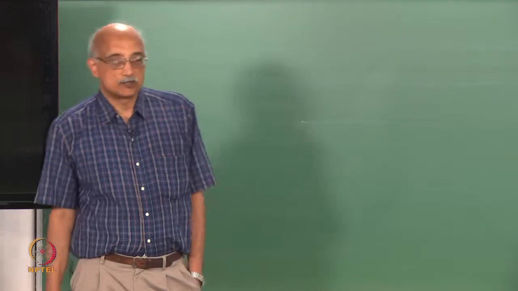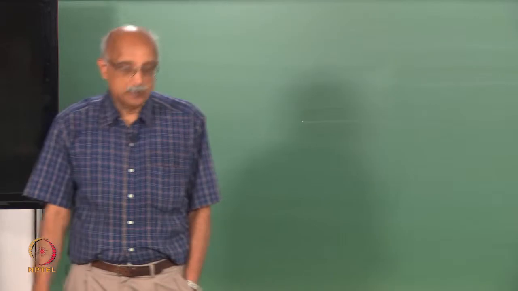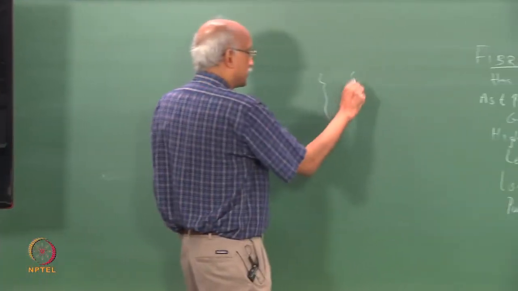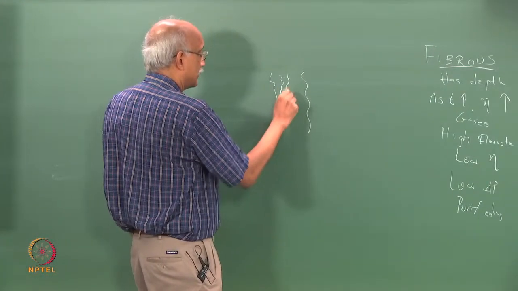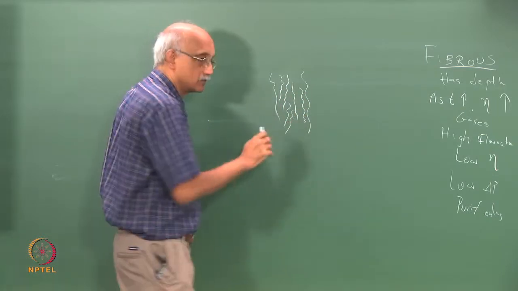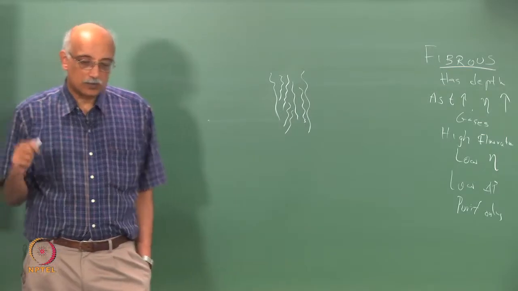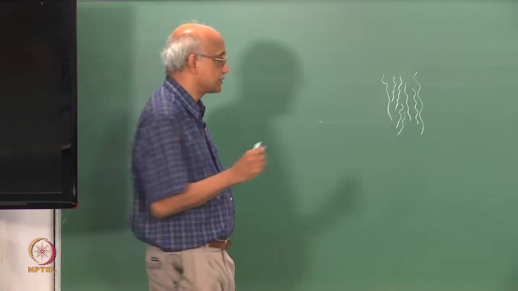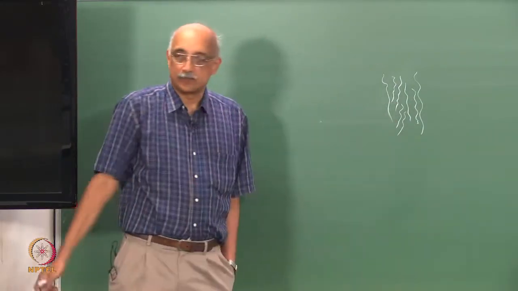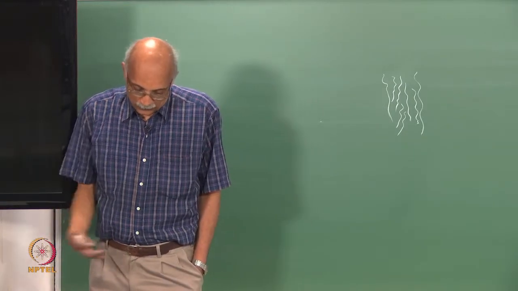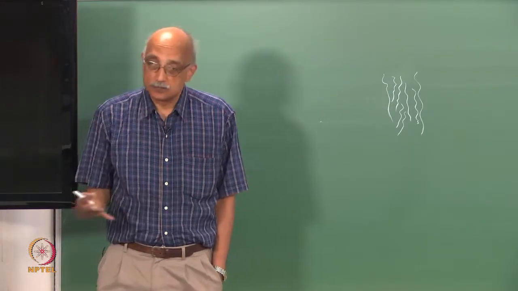How about the mechanism of filtration? What is the primary mechanism in a fibrous filter? Okay, a fibrous filter has depth, so it has pathways, and they are very tortuous. What are you relying upon? You are relying upon the fact that particles have a long residence time inside the filter bed, so that they can be captured eventually.